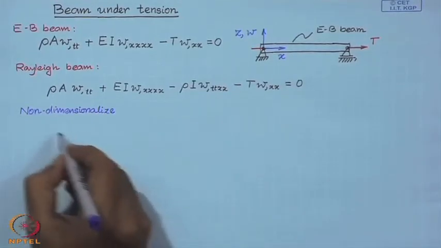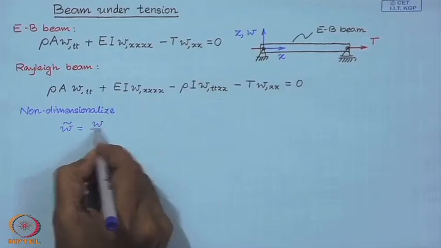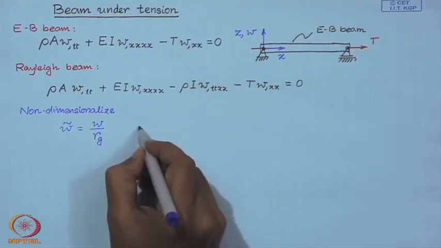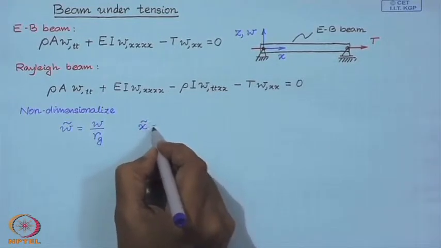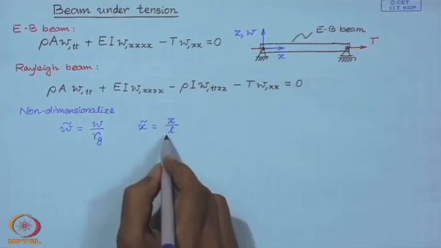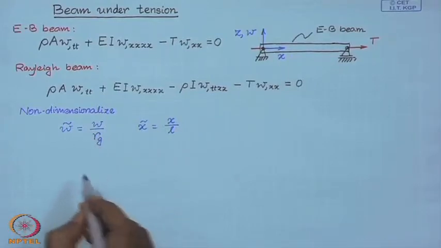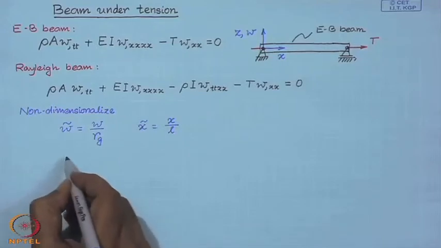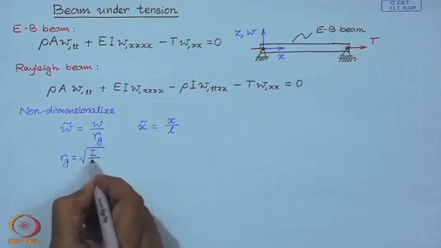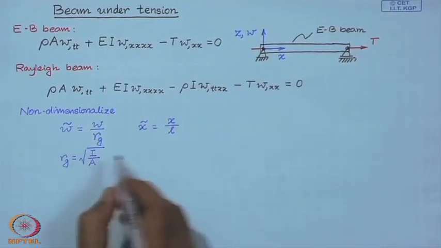If you do this non-dimensionalization using this scheme, the spatial coordinate is non-dimensionalized with the length, whereas the field variable is non-dimensionalized with this r g, which is the radius of gyration, which is defined as square root of the second moment of the area divided by the area of cross section.